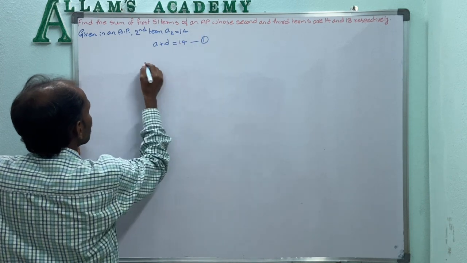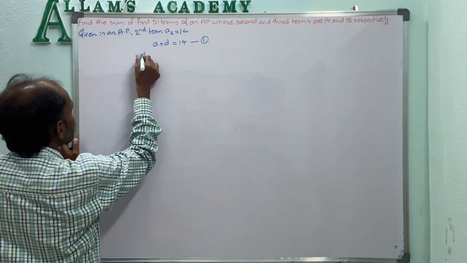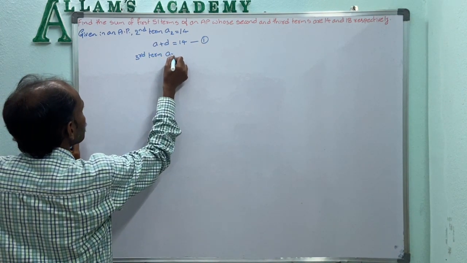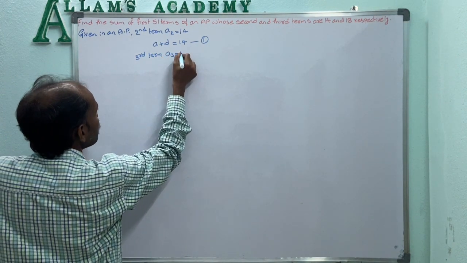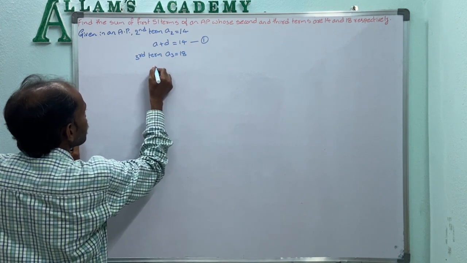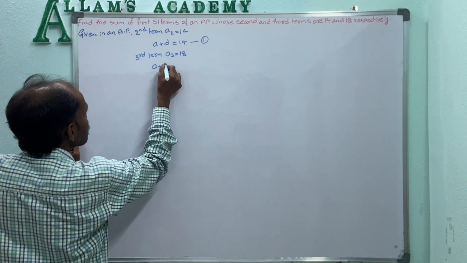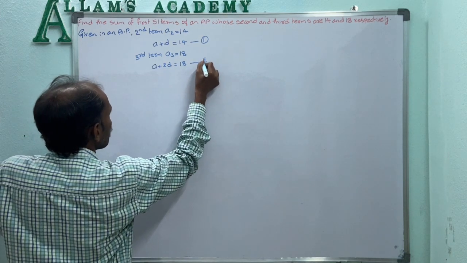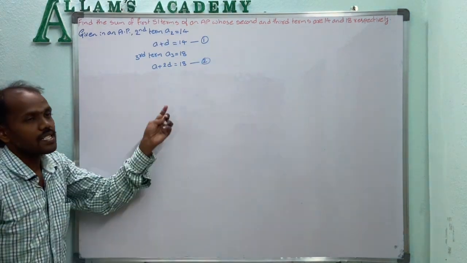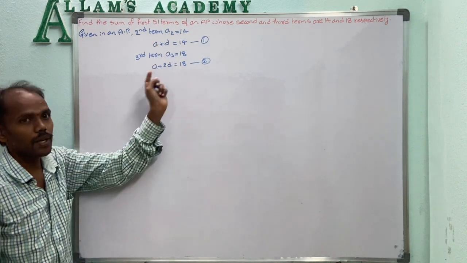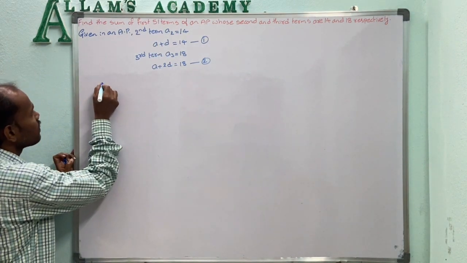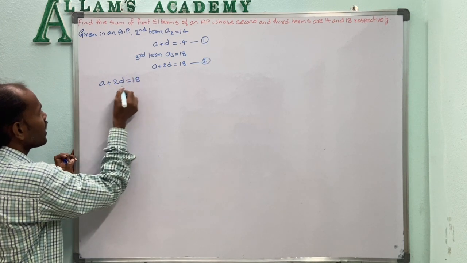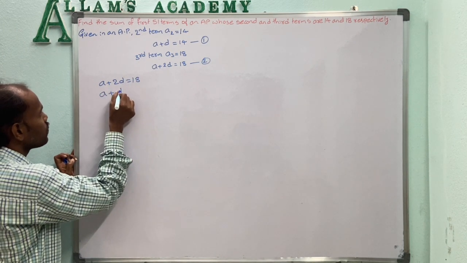Now the third term a3 is given as 18. So a3 is equal to a plus 2d, that is 18. Now if we subtract the first equation from the second equation, we can write a plus 2d equal to 18 and a plus d equal to 14.